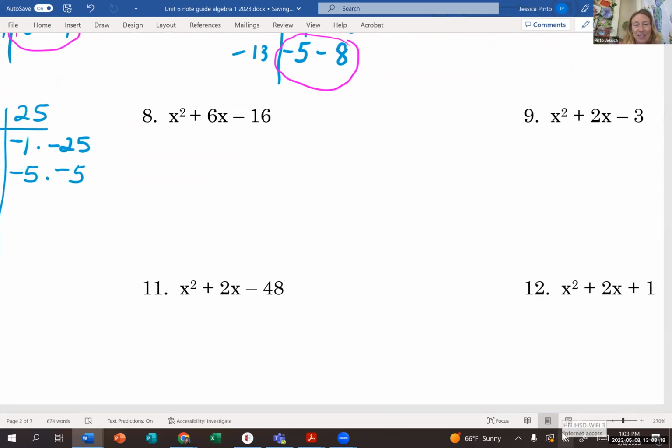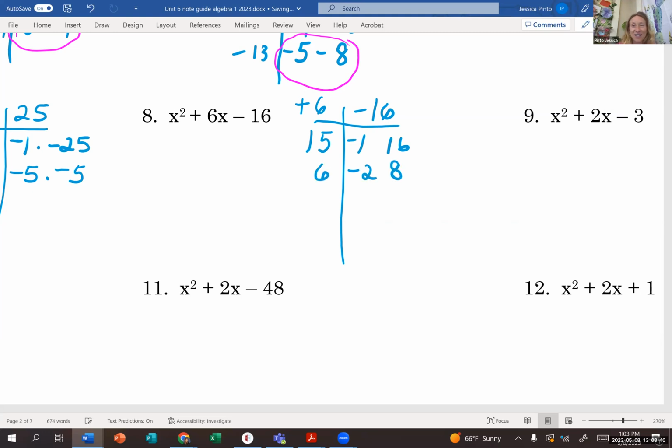Number 7, x squared plus 6x minus 16. So you might be wanting to jump. Oh, I know the combination. So we got -16. We've got +6. Let's be systematic. It's going to be 1. I want the 1 to be negative, and then 16. And I subtract those to get 15. -2, +8. That's 6.